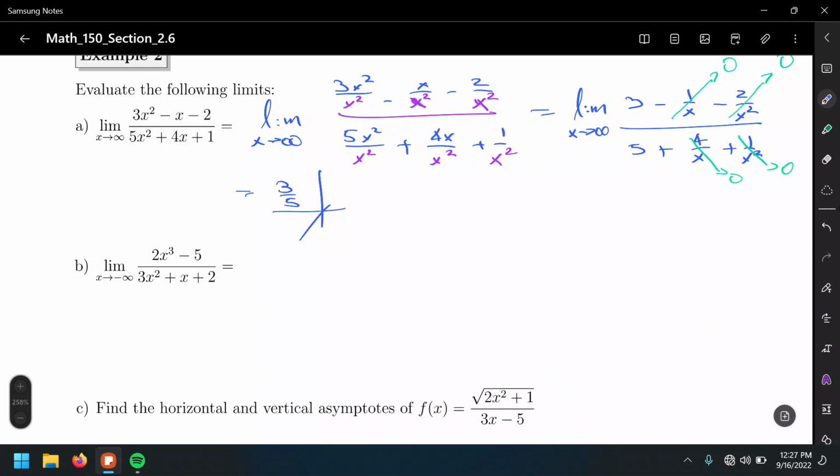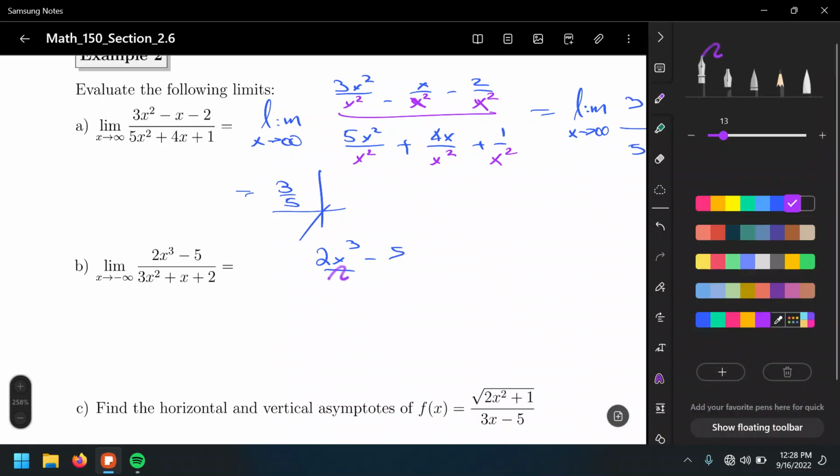So that's the limit as x approaches negative infinity of 2x cubed minus 5 divided by x squared, over 3x squared plus x plus 2 divided by x squared.